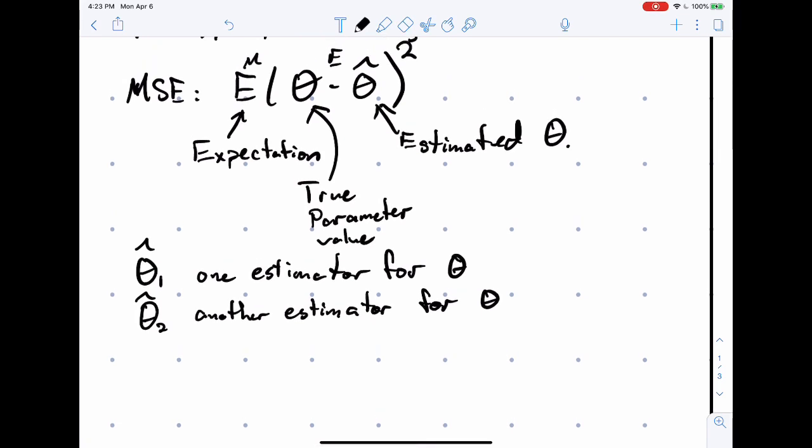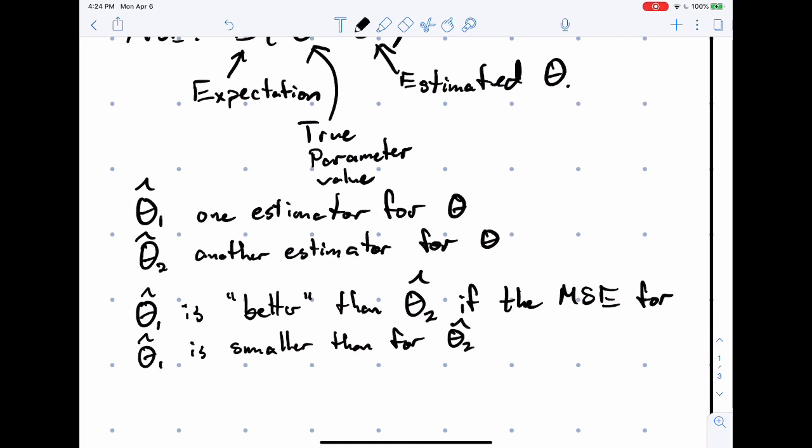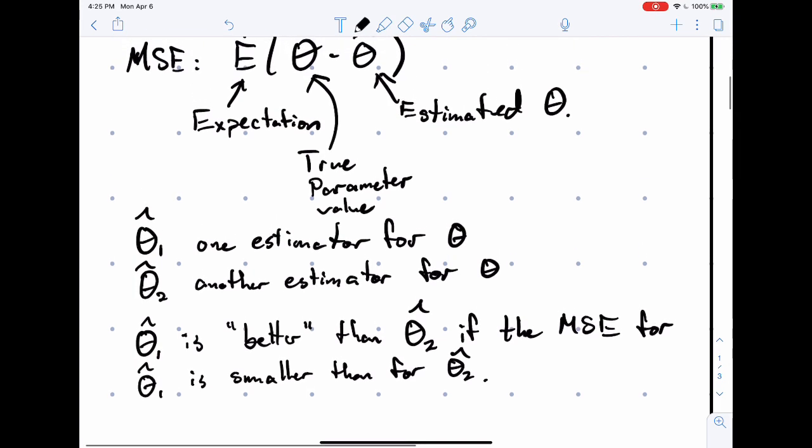It's better in the sense that the mean squared error is lower. We say that theta hat 1 is better in the sense of having a lower MSE if the MSE is lower or smaller for theta hat 1 than it is for theta hat 2.